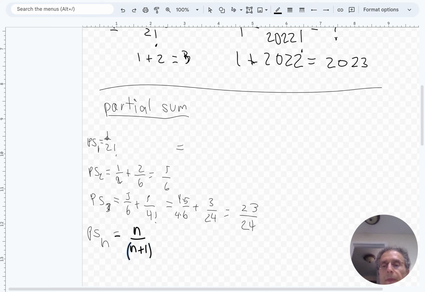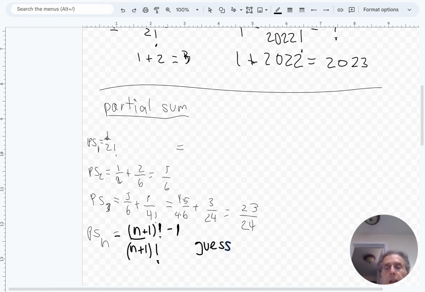That's the term. But I'm getting the partial sum, and we see it's n plus 1 factorial minus 1, and then n minus 1 factorial. That's a guess. That is a guess.